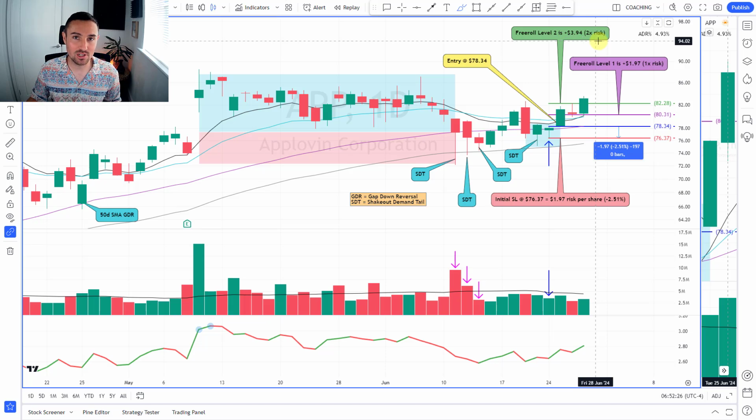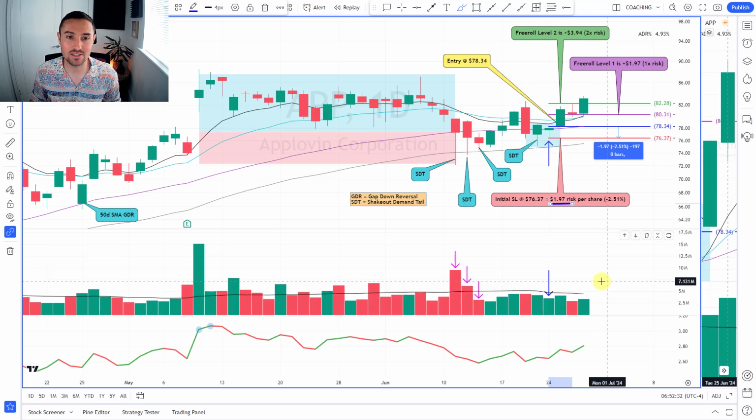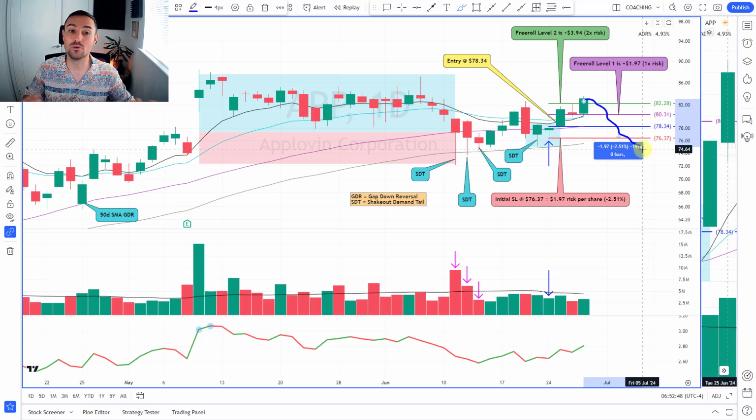But wait, you still have 666 shares with $1.97 risk associated with them. So if you sold 333 of your 999 shares right here, and you then get stopped out on 666 shares down here at 76.37, you would be break even.